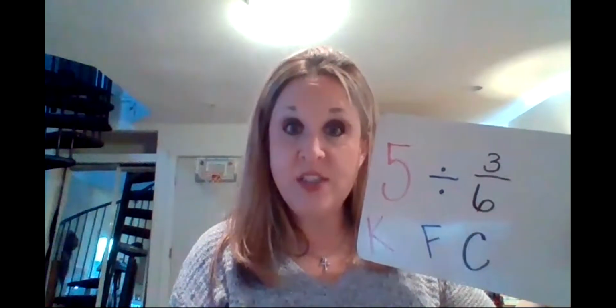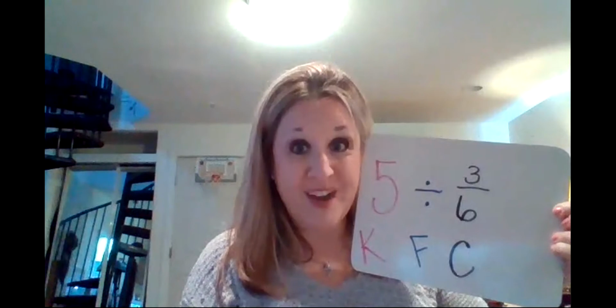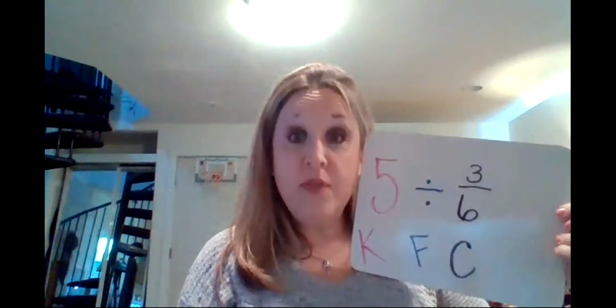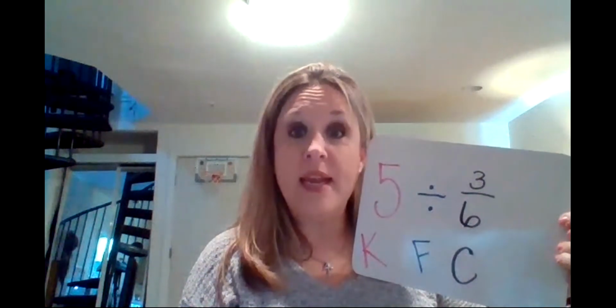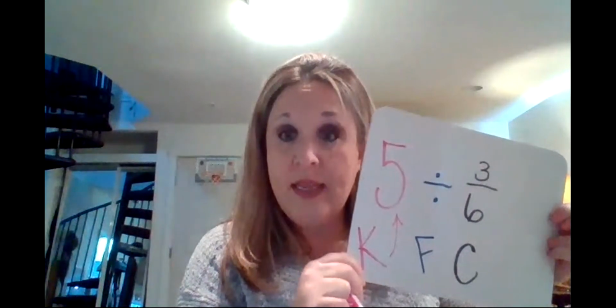You might see a fraction like this on the worksheet that I provided for you that you should be practicing right now. The first number in the division equations is a whole number. Keep it as it is. So this guy, the number 5, keep him. He's going to stay just like that.